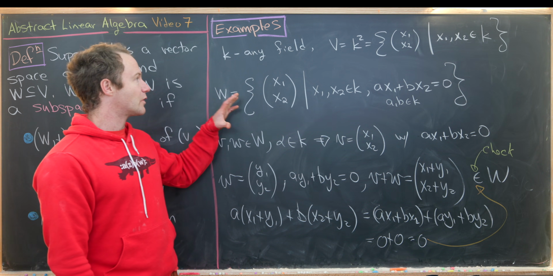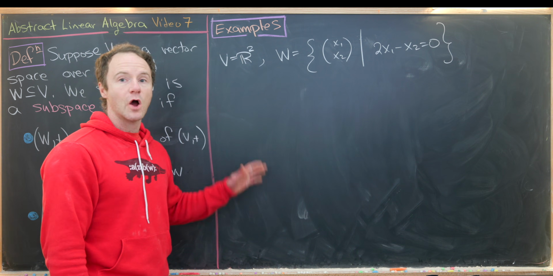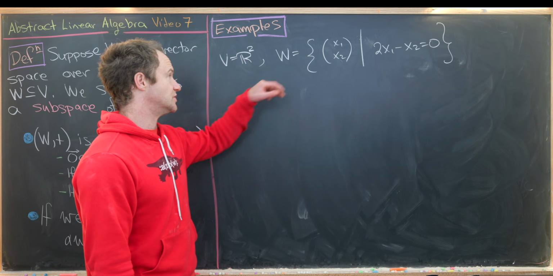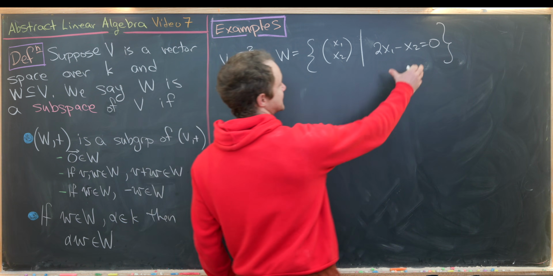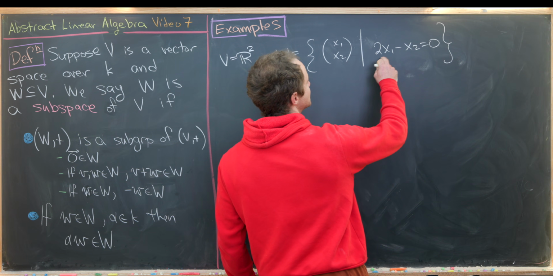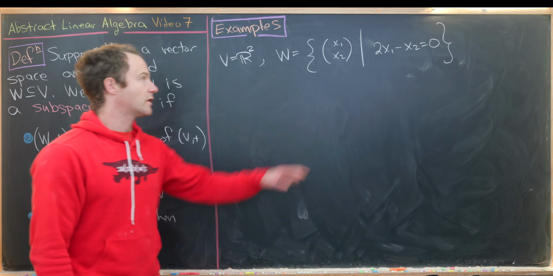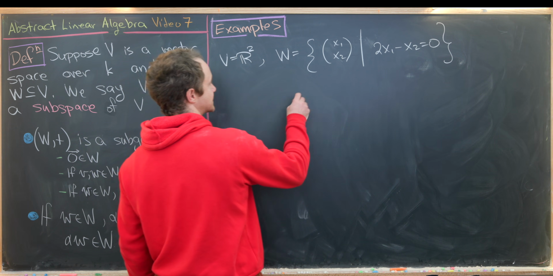Okay, so I want to look at a special case of this example when k is the real numbers. A very special case of this last example is when V is R2 and W is x1, x2, where x1 and x2 satisfy the following equation. So 2x1 minus x2 is equal to 0. Okay, so let's recall that we can take this equation and solve it for x2.